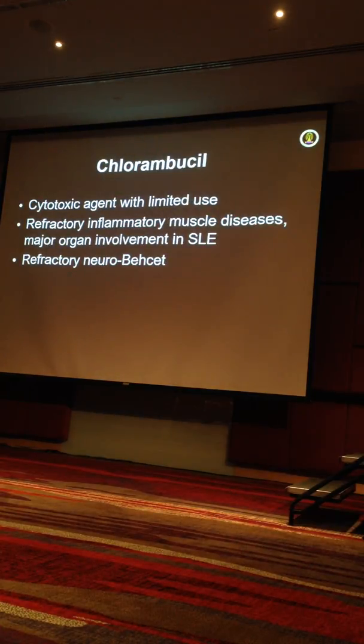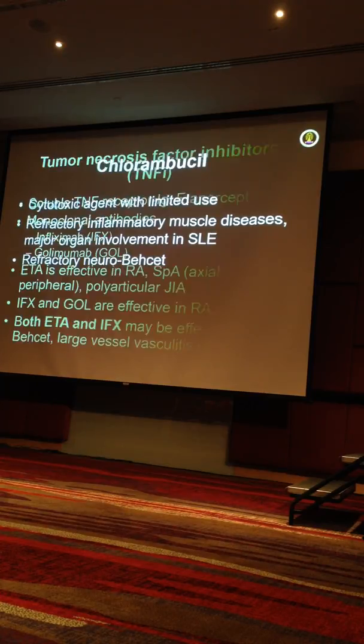Chlorambucil is the very old and toxic one, so we use it very, very rarely, but in some cases that cannot be reimbursed for TNF inhibitors, it can be used in neuro-Behçet's or some severe or refractory conditions.